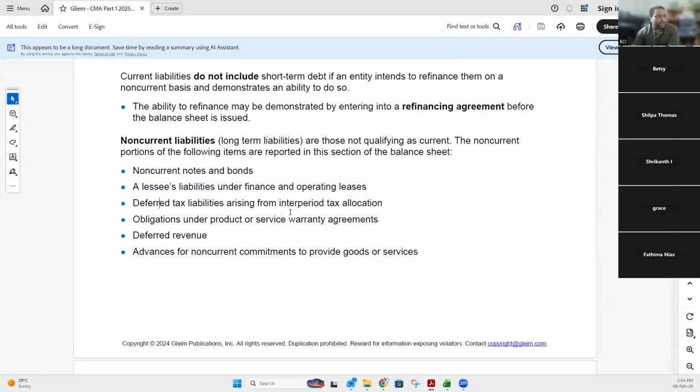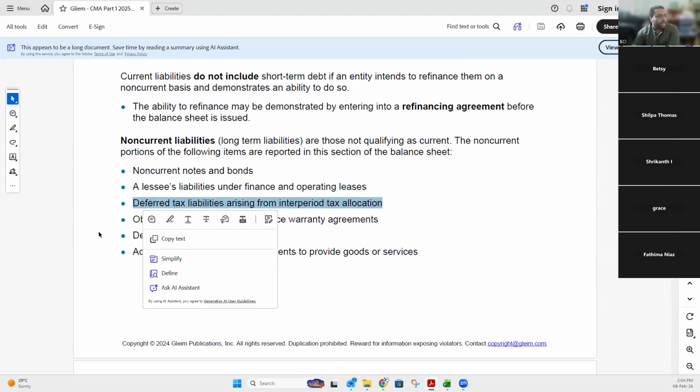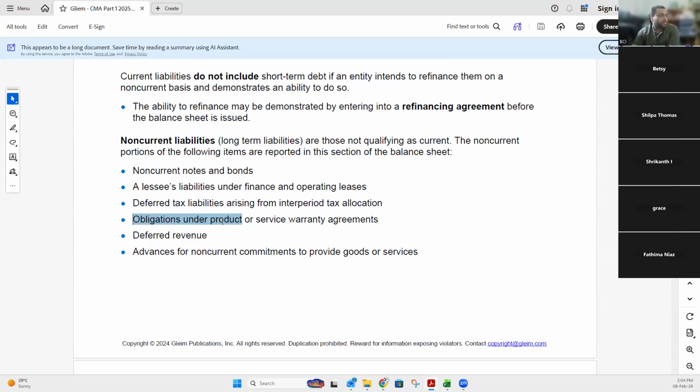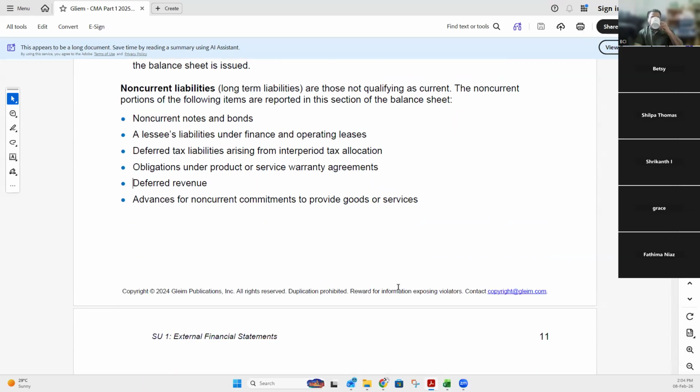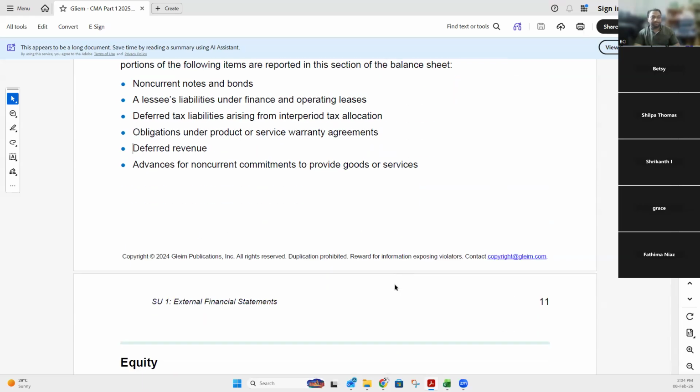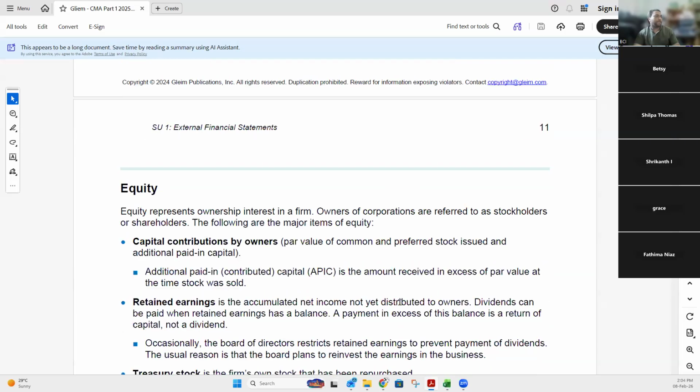Then deferred tax liabilities arising from inter-period tax allocation. Then obligations under product or service warranty agreements. Then deferred revenue and advances for non-current commitments to provide goods or services. Clear? All good?